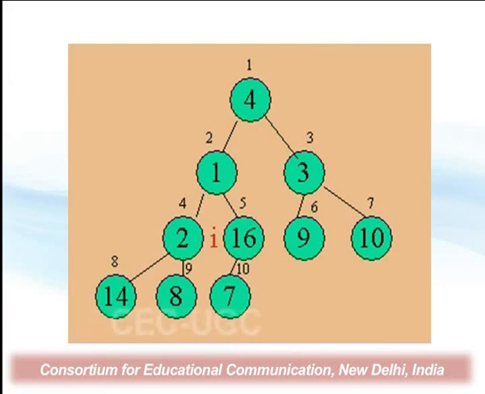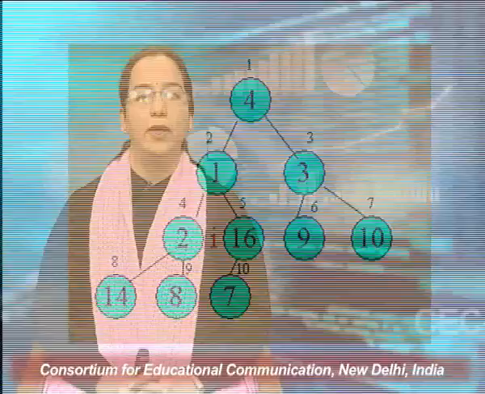Now, number 2, that means the index at position number 4, is having 2 children, which are 14 and 8. That means it is not a max heap presently. We will swap 2 and 14.